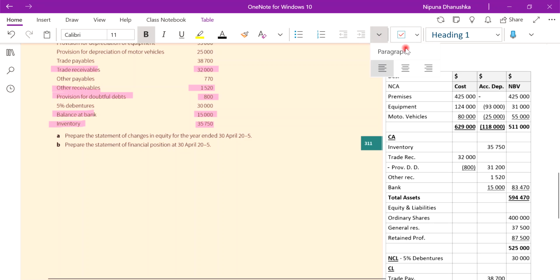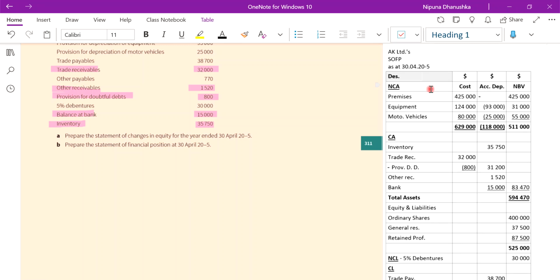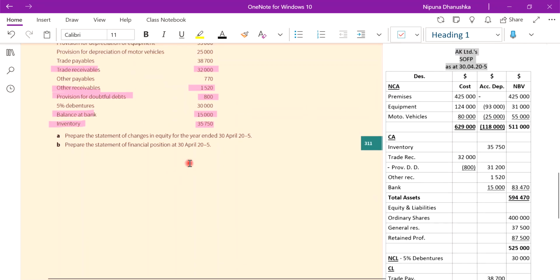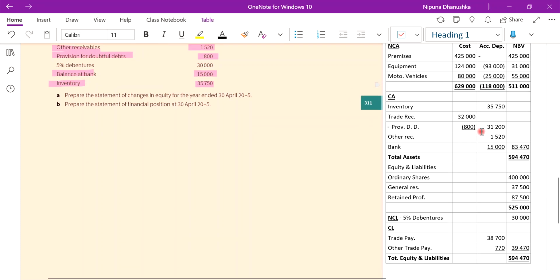So this is pretty much it. As you can see, we have completed part B of question number 6, the preparation of the statement of financial position as at 30th April 2005.